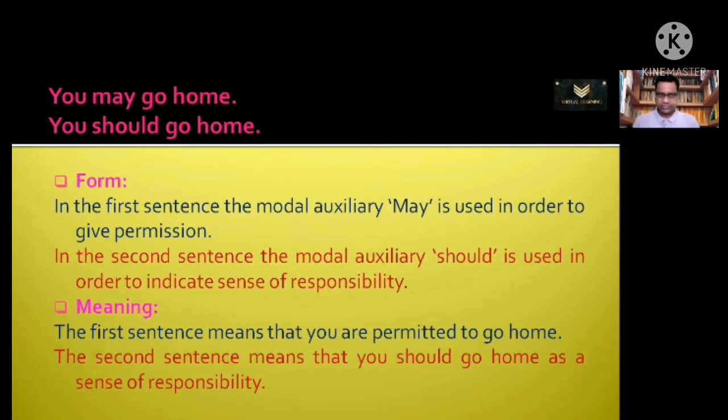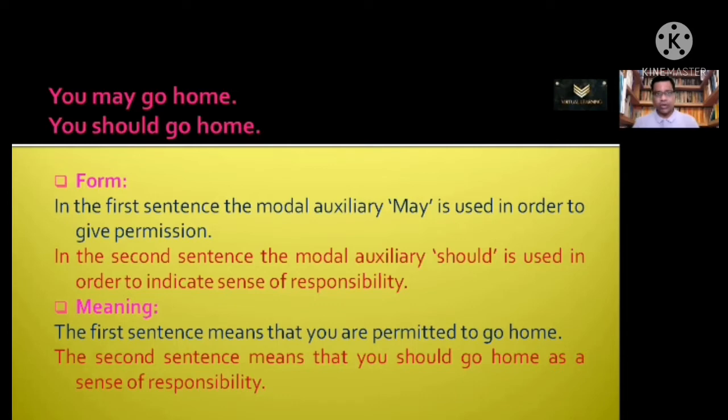Whereas in the second sentence, the modal auxiliary should is used in order to indicate a sense of responsibility. Now you try to analyze the meaning of both the sentences. The first sentence means that you are permitted to go home.